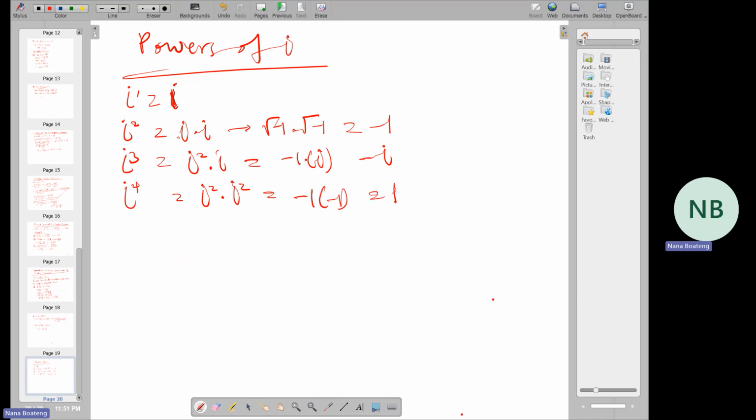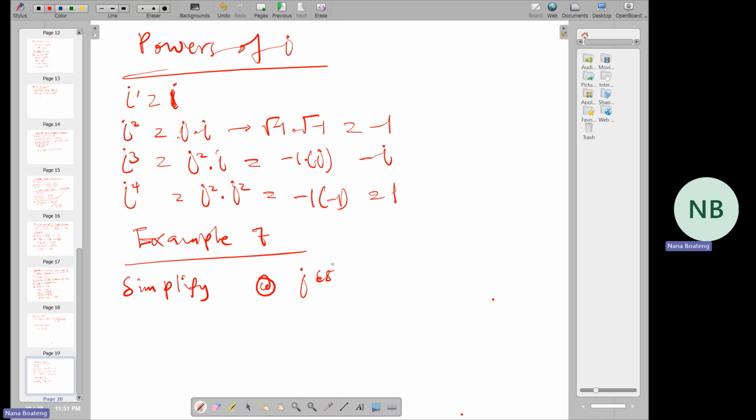All right, so let's look at some examples. For example, A, we have to simplify i power 65. The key here is knowing that i power 4 is equal to 1.